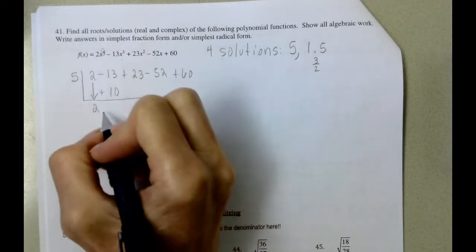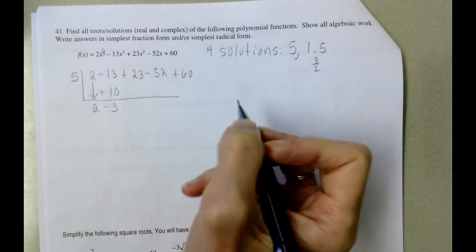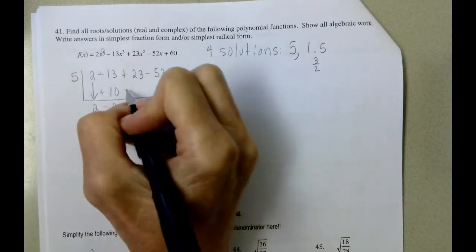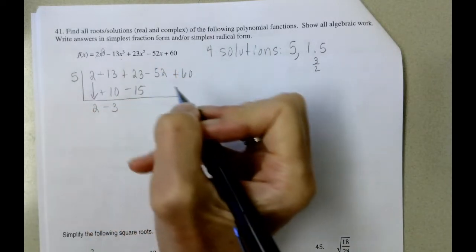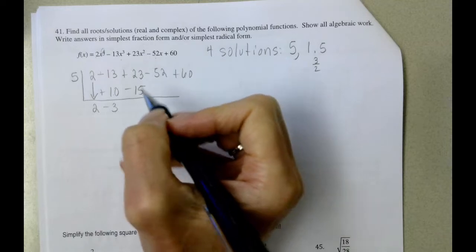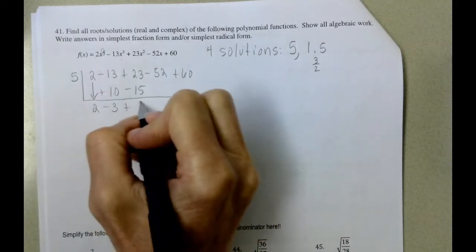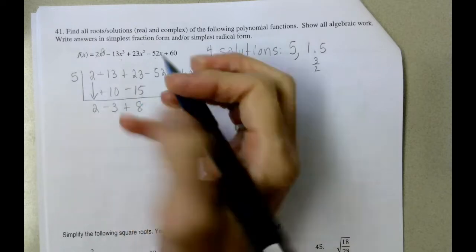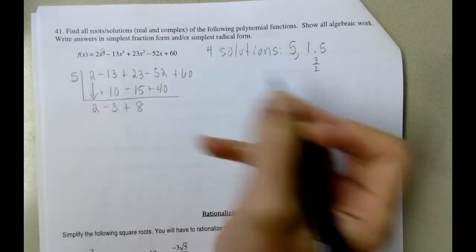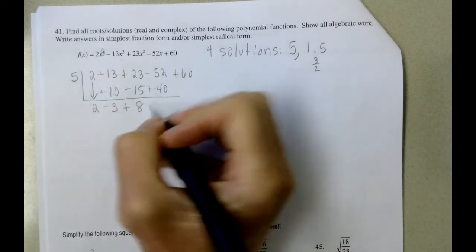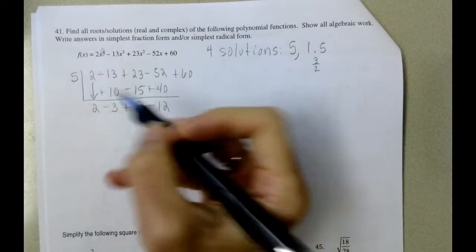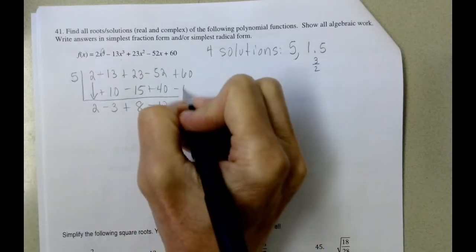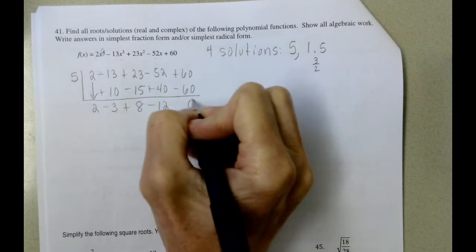Negative 13 plus 10 is negative 3. 5 times negative 3 is negative 15. And then 23 minus 15 is 8. 5 times 8 is 40. Negative 52 plus 40 is negative 12. And 5 times negative 12 is negative 60, which gives us 0.